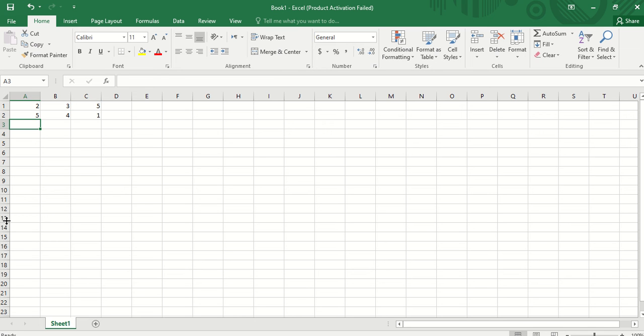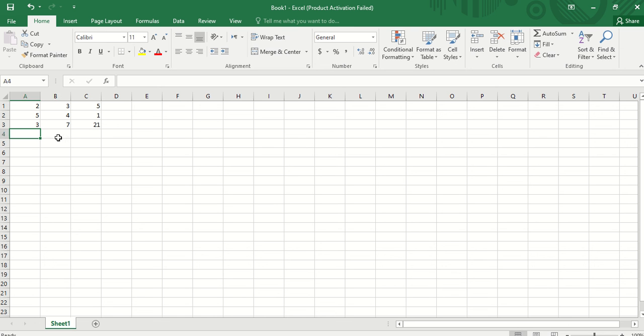Now we multiply. Suppose I write here 3 and here 7. Again the equal to sign. Which number multiplies which number? This star sign we call multiply in Excel. So A3 multiply by B3. I press enter. You can see the answer.